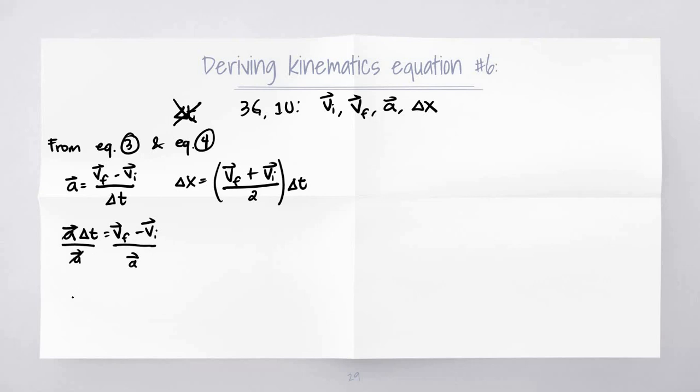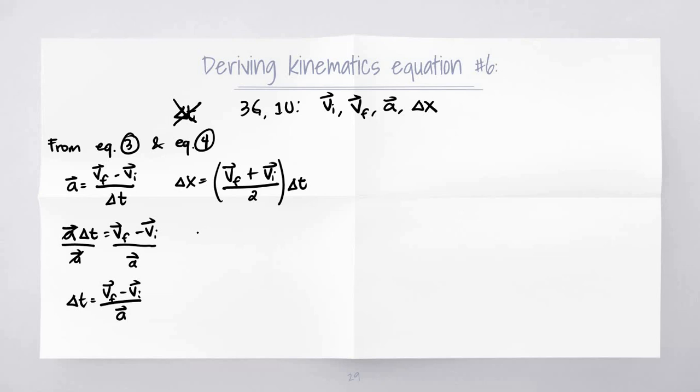Okay, so we're now left with delta t is equal to final velocity minus initial velocity all over acceleration. And now we can substitute the value of delta t inside equation number 4.